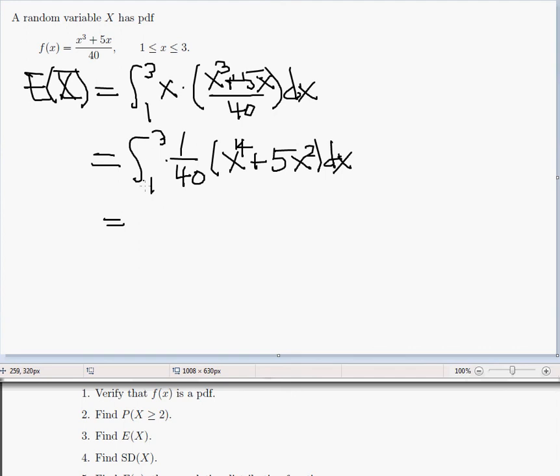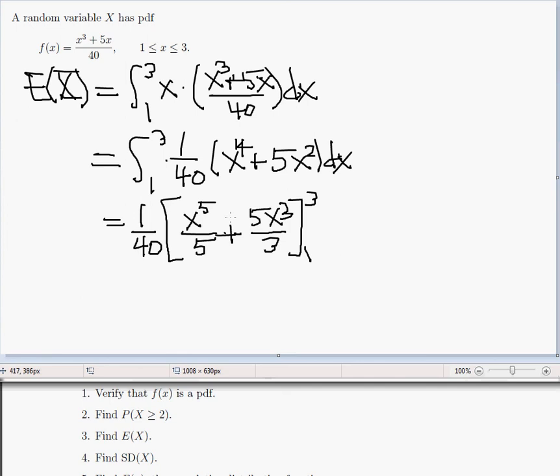So that will be equal to 1/40. Then I integrate, so x to the fifth over 5 plus 5/3 x cubed, evaluated from 1 to 3. So then it's just a matter of doing the computations at this point.